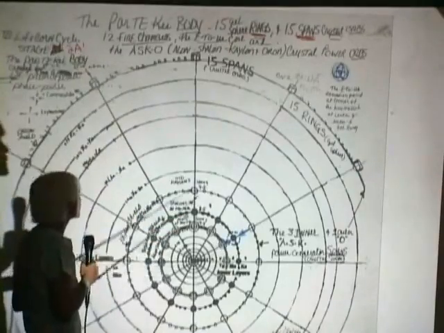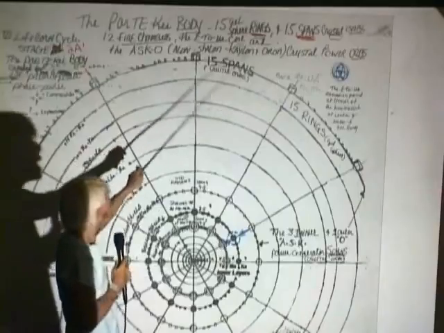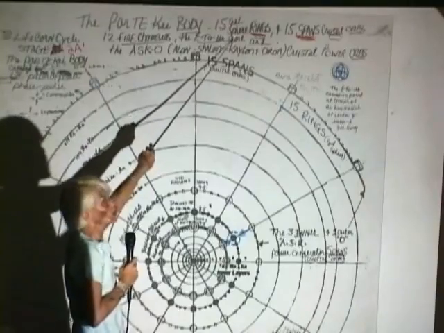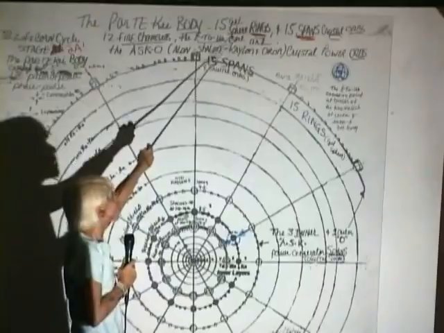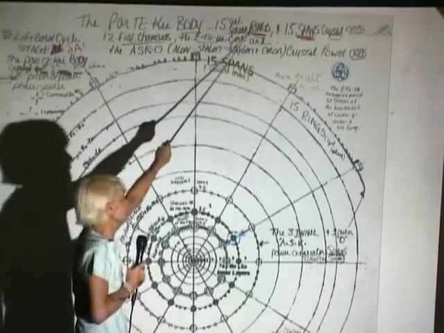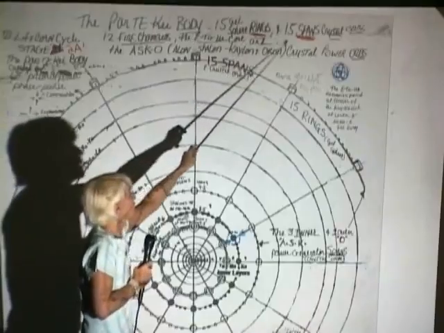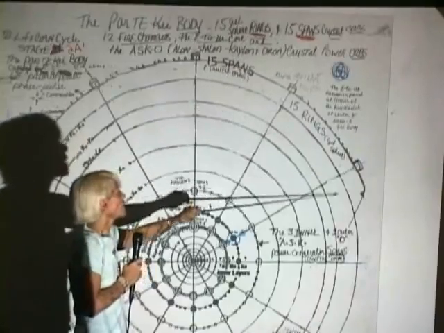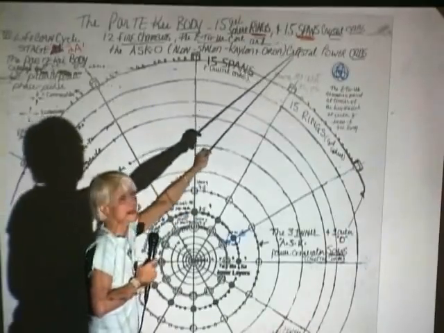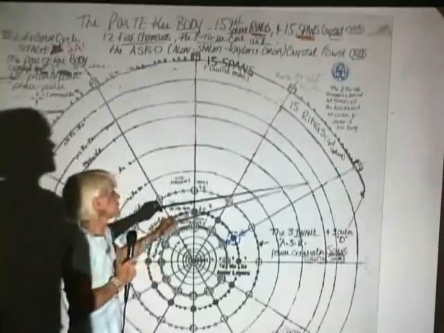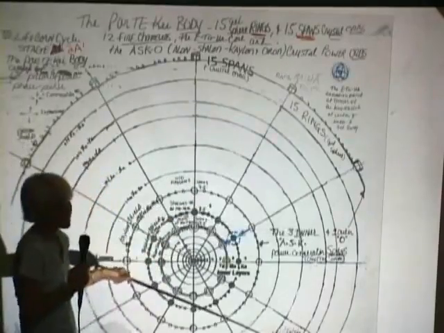So this is bigger. Now, what were the 15 layers of the Partiki template are now referred to as the rings of the Partiki body, or the Rasha body. And in between them, what were the crystal bands are now referred to as the crystal spans. And later, these become what are called orbs.